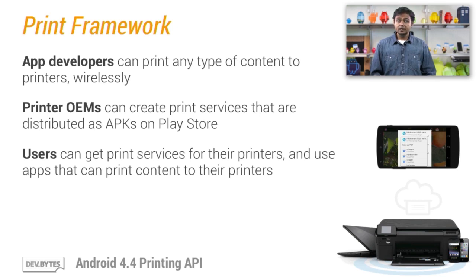It also allows printer OEMs to generate print services and distribute them as APKs on the Play Store, so that their printers will plug seamlessly into the framework so that users can print their documents to any connected printer. The system handles a transaction between an application that wants to print a document and the services that deliver print jobs to an actual printer.